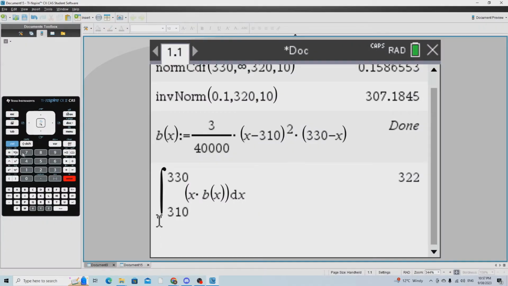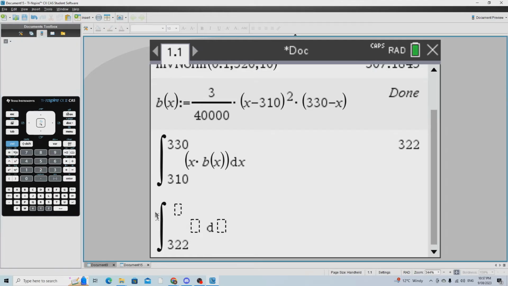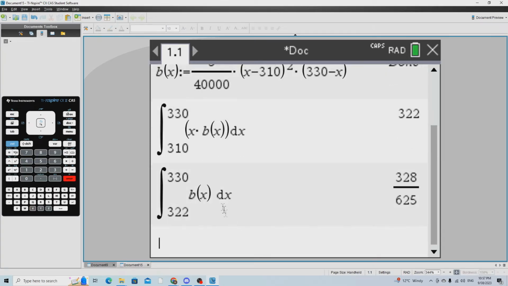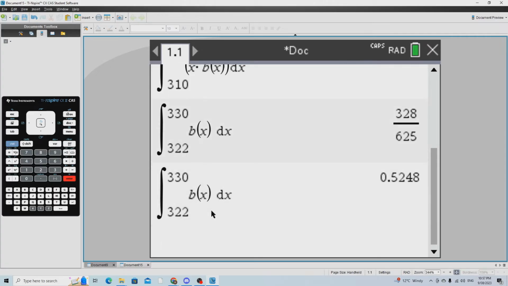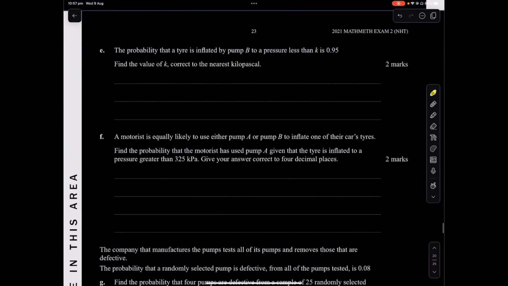So it's 322 to 330, the integral of b of x dx. And that gives us 0.5248. Nice.